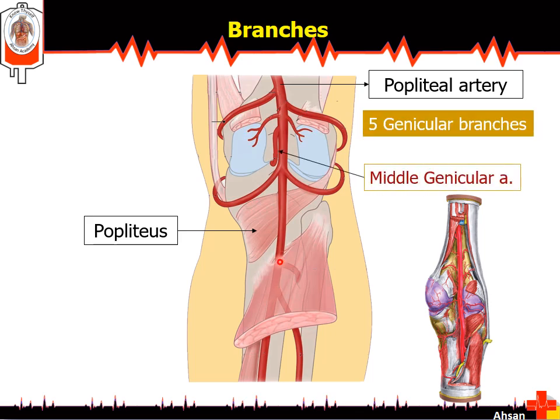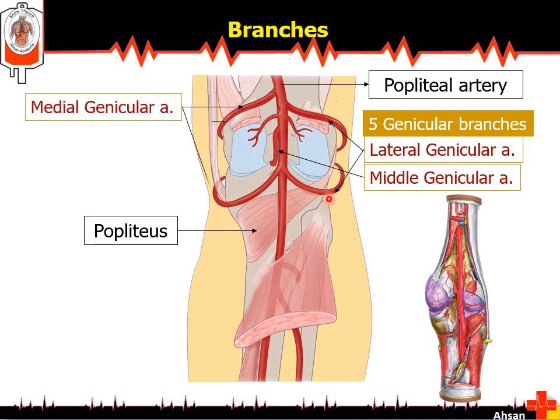So it has 5 branches to the joint, and this one is the middle, and above there are 2 lateral, superior and inferior lateral genicular branch. Similarly, this is superior and inferior medial genicular branch. So 5 genicular branches are there, and more than one sural arteries are there.